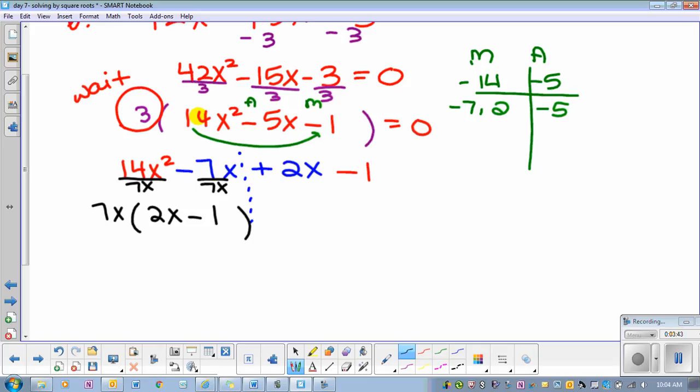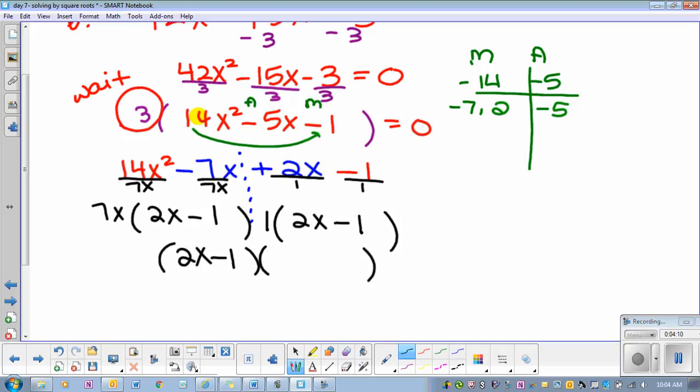The only GCF I can get from this is 1. Divide everything by 1, and you have 2x minus 1. How do I know if I'm doing it right? The inside matches. Good. My parentheses match. So I'm going to do my double parentheses. And you have to put the 7x plus 1 too. Good. 7x plus 1 goes in the other one.